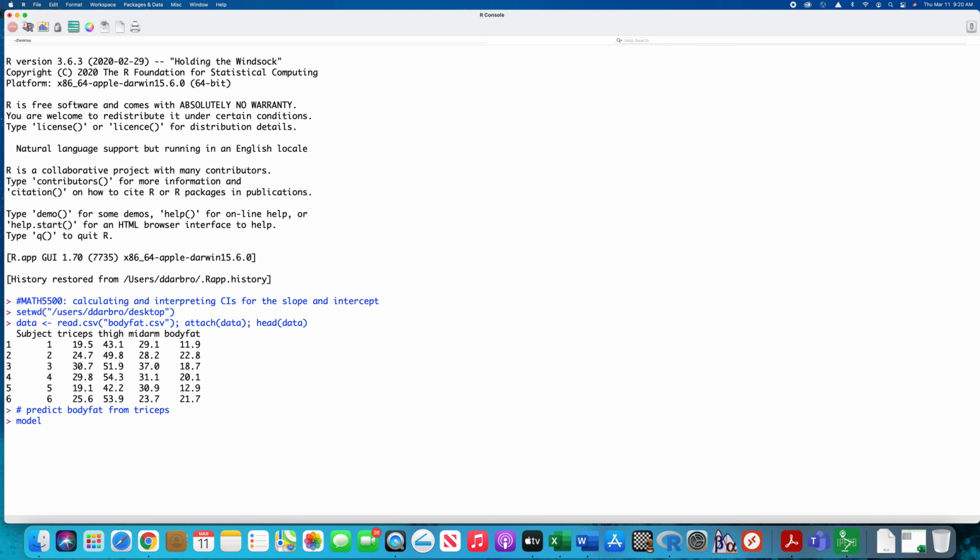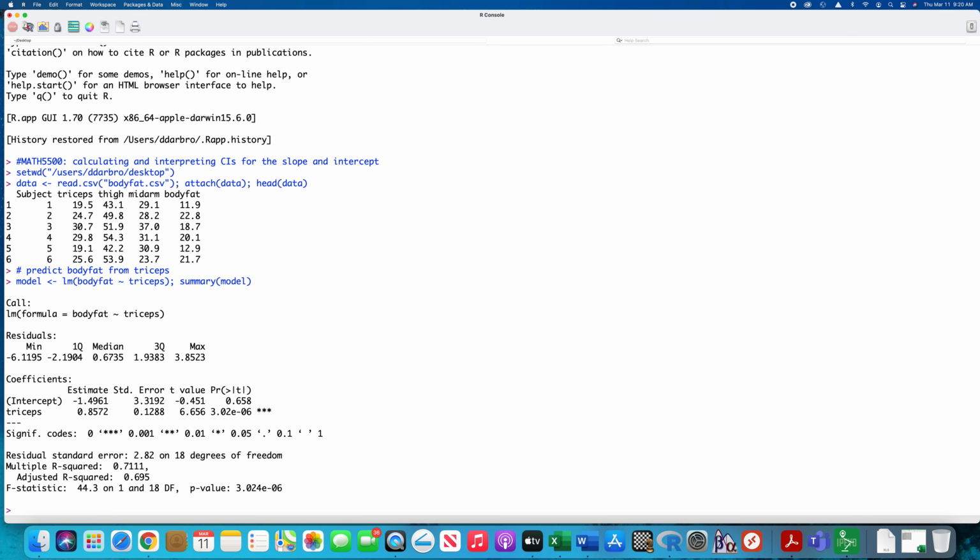So the very first thing I need to do is just create the model. I really don't even need to look at it, but I'm going to. What I can see is that the estimate for the intercept is about 1.5, and the estimate for the triceps is about 0.86.